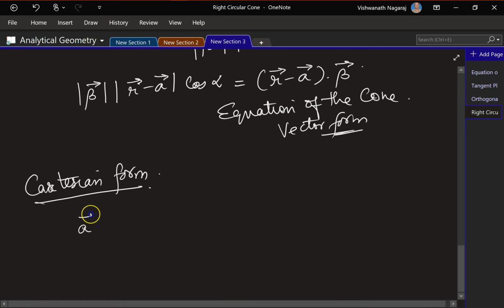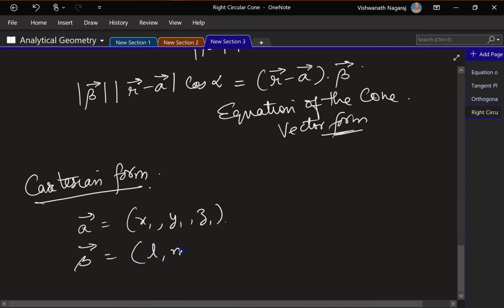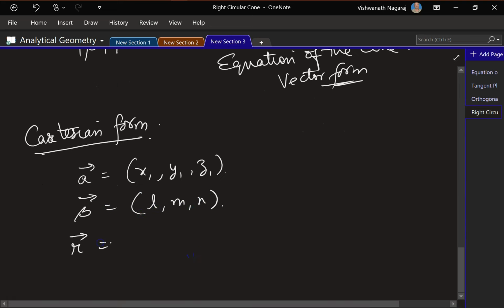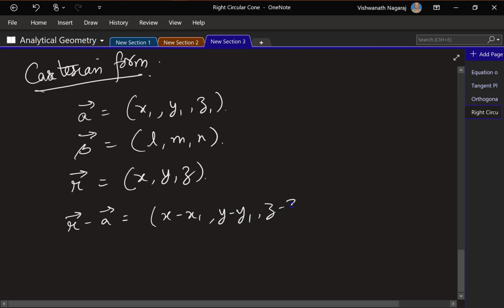So let's say A is equal to x1, y1, z1. Beta is equal to, let's say direction cosines are L, M and N. R is equal to, let's say, x, y and z. R minus A would be x minus x1, y minus y1, z minus z1.